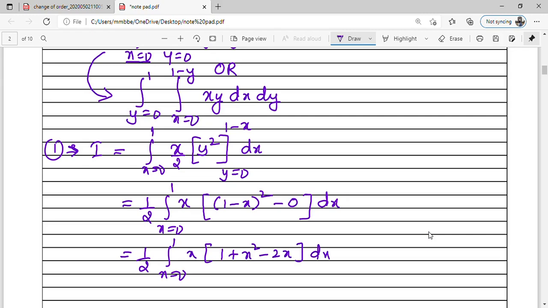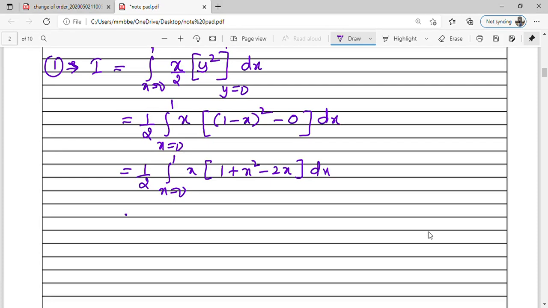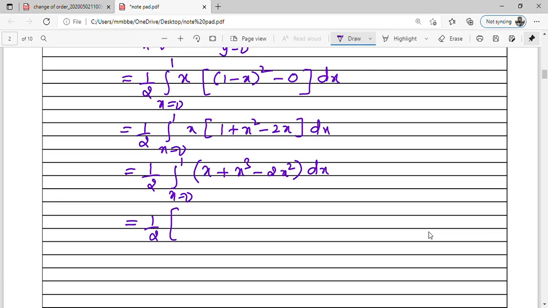Here you multiply this x inside the bracket: x into 1 is x, x into x square is x cube, minus 2x square, dx. Now you have to integrate. Integration of x is x square by 2, x cube integration is x raised to 4 by 4, minus 2 as it is, x square integration is x cube by 3.